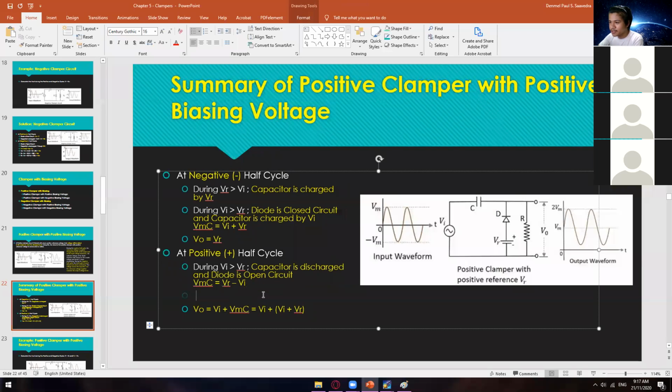So I think we should add this one. Is discharge and diode is open circuit. Okay, so I think we should interchange this one.